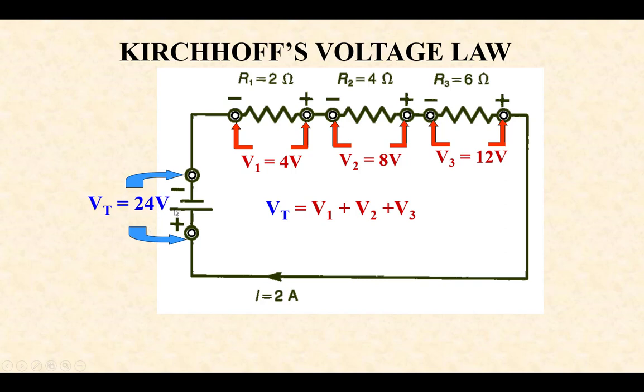So if we only had 24 volts and not the current, then we could have done a couple things. We could have used the voltage divider principle and used that proportionality. Or maybe, since we know that in a series circuit the total resistance is the sum of each one, we could have calculated the total resistance and, using Ohm's law, divided it into the voltage, and we could have got this current.